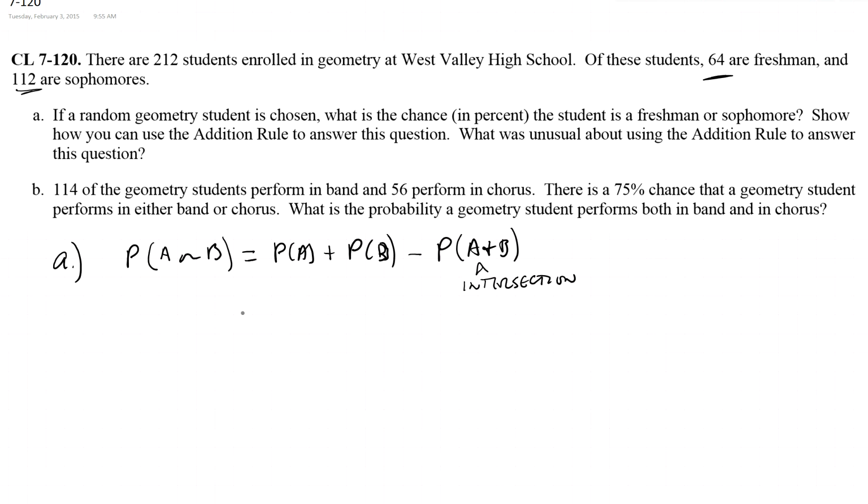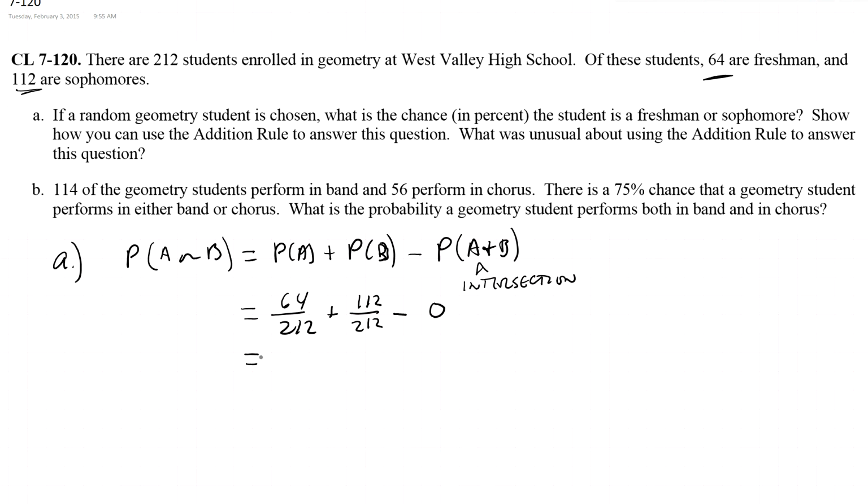No. So the probability of a freshman student is 64 out of 212 plus the probability of a sophomore, 112 over 212. There's no intersection of freshmen and sophomores, so this is going to be 0, which typically, when we use the addition rule, won't be the case.